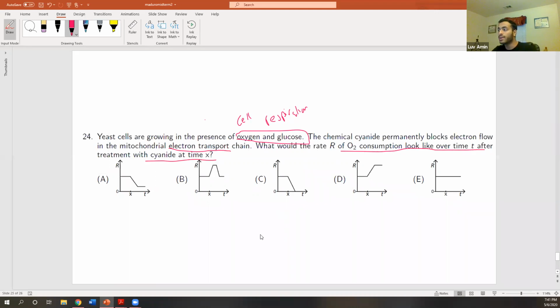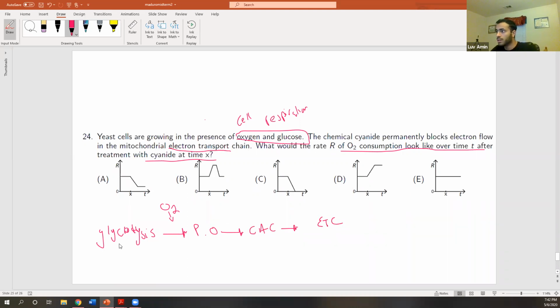Well, we know cyanide only hits us when we enter the electron transport chain, right? So we know that we go glycolysis, right? And then this is the O2 stage. If we have O2, we will go PO, pyruvate oxidation, we'll go CAC, citric acid cycle, and then we'll go ETC, right?